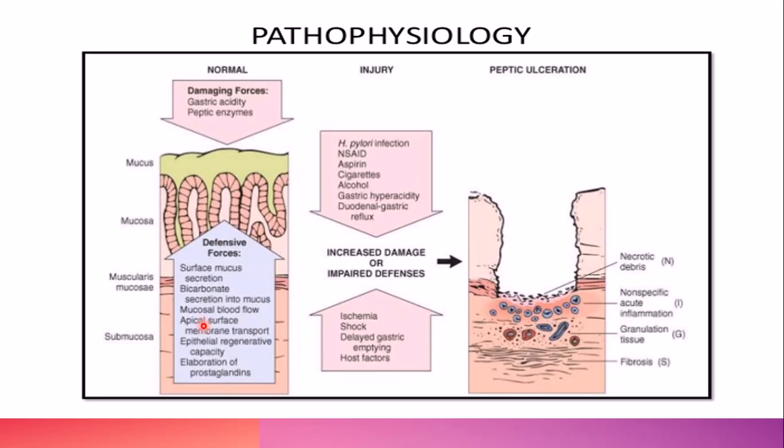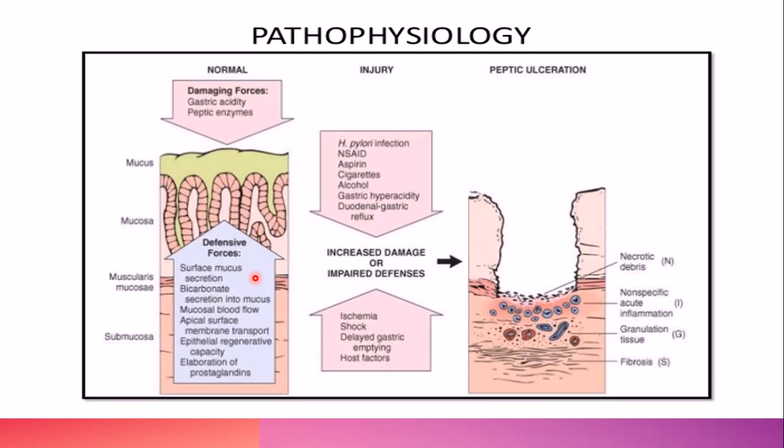Then mucosal blood flow, then apical surface membrane transport, epithelial regenerative capacity. If the epithelium is diminished, or anything has happened, there is a regenerative capacity of the epithelium. Now, elaboration of prostaglandins.